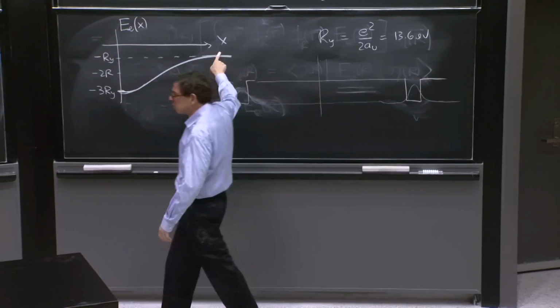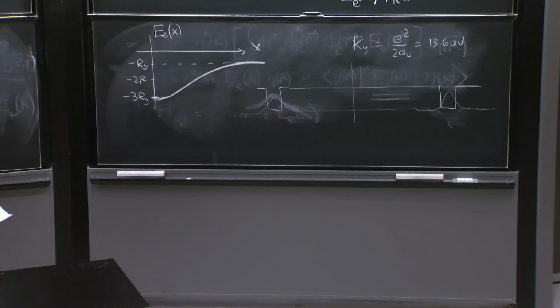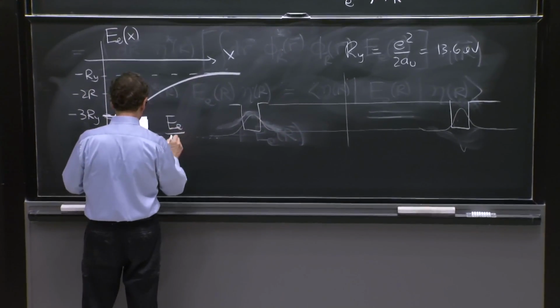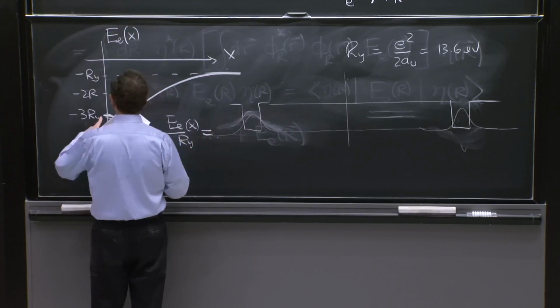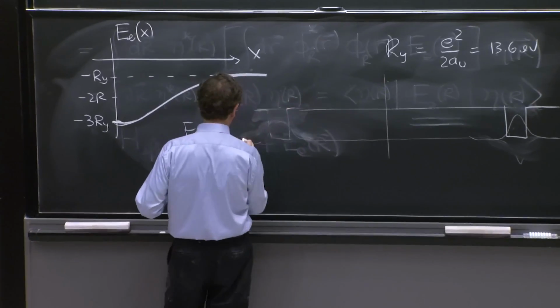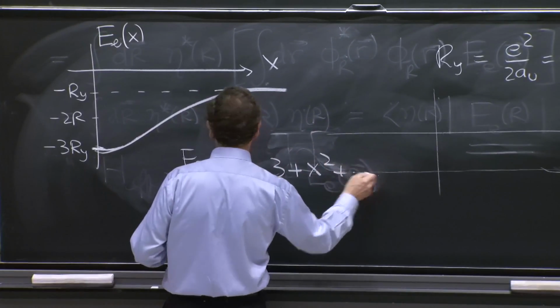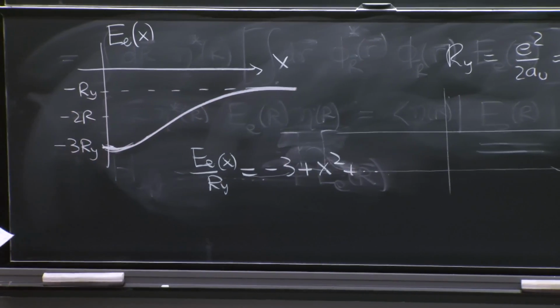That's what it does. That's good. In fact, if you write E_e of x over Rydbergs, it behaves here like minus 3 plus x squared plus dot, dot, dot. So it starts growing and then asymptotes with an exponential there.